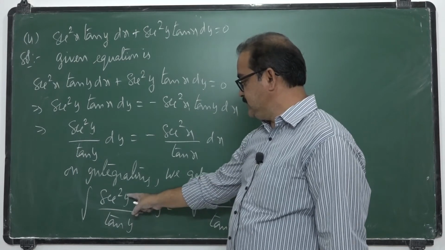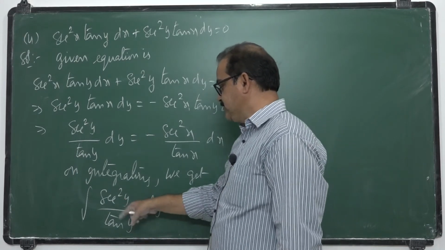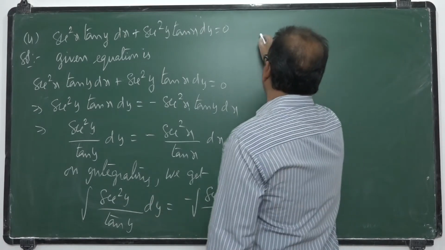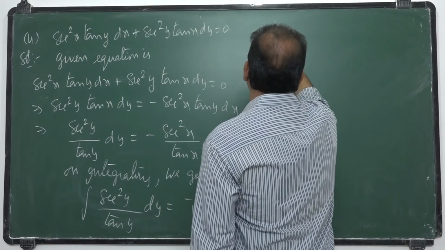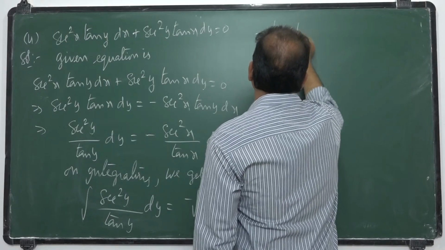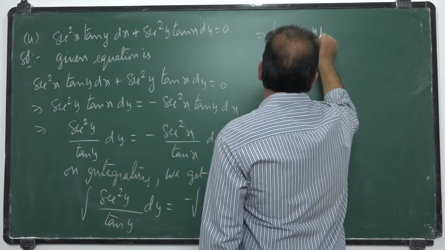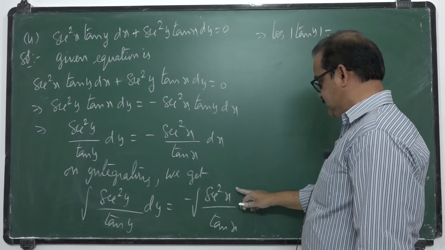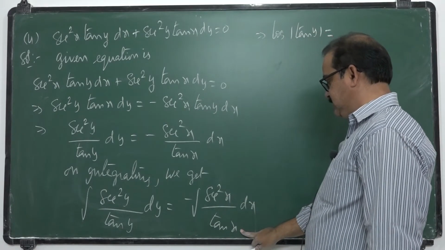If numerator is derivative of denominator, its integration is log of that denominator, log of mod tan y is equal to, here also secant square x is the derivative of tan x.